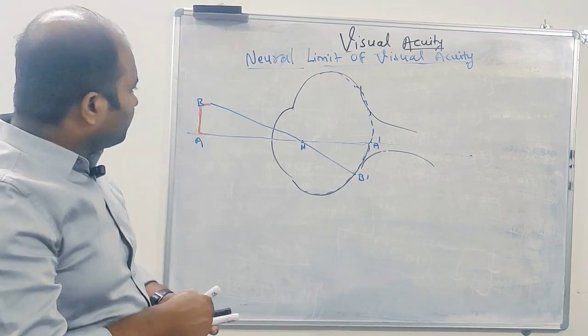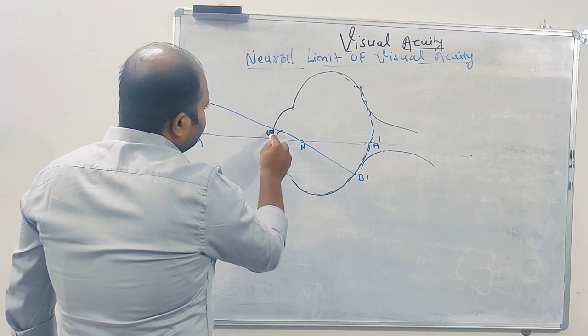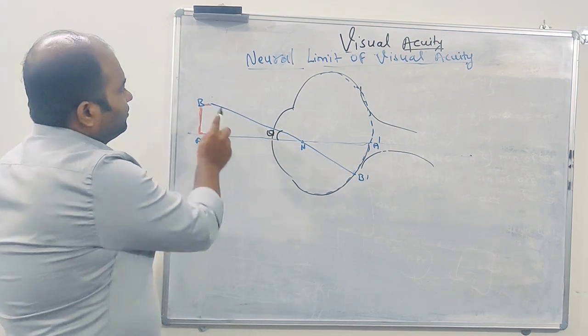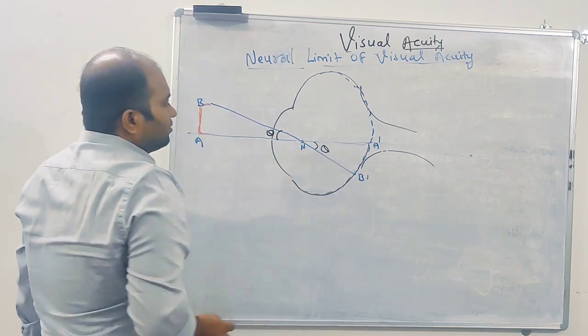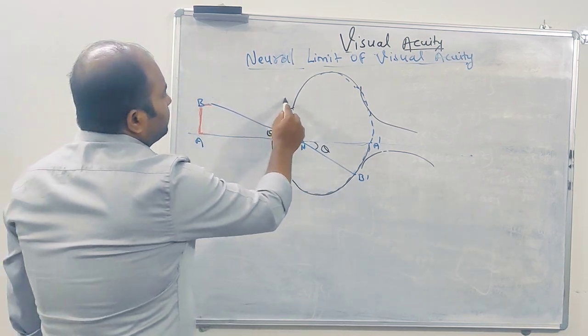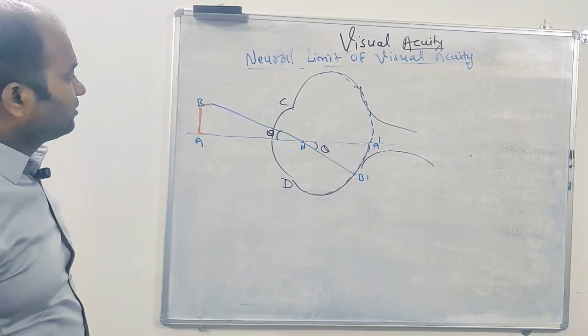The angle formed by this will be theta, and as you know, if two lines cross each other, this also will become theta. Let's assume this C A dash D is an eye.